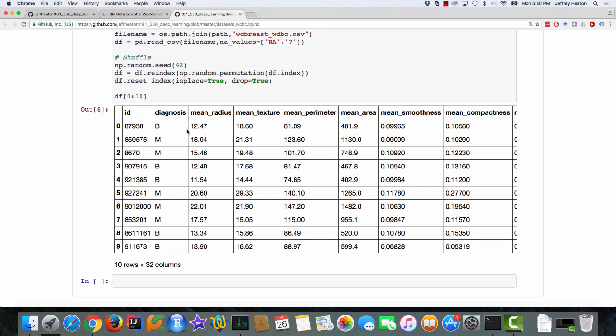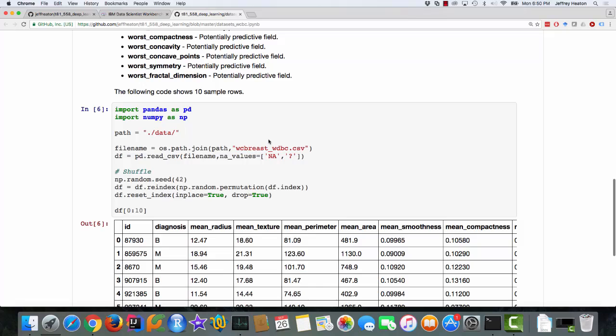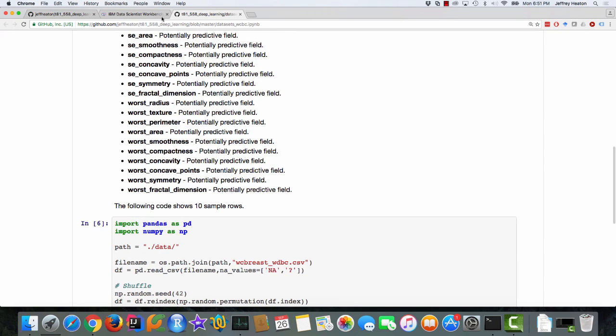How many standard deviations are you from the benign group? How many standard deviations are you from the malignant group? The neural network's not going to do that. It might approximate something kind of like it, but that might be a useful engineered feature. I'm not at all suggesting you do that when you calculate this one.